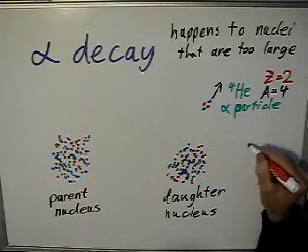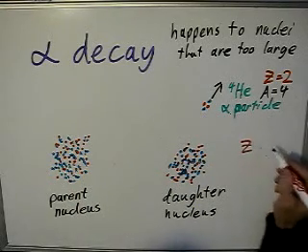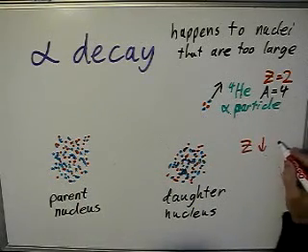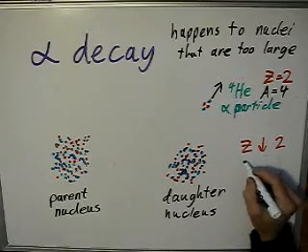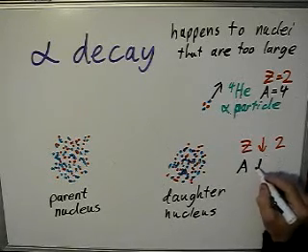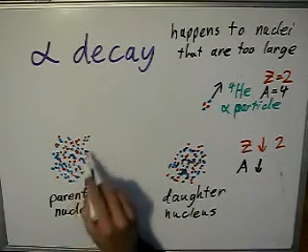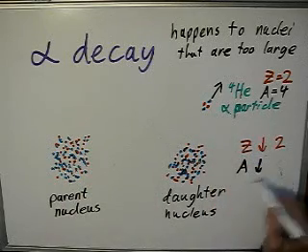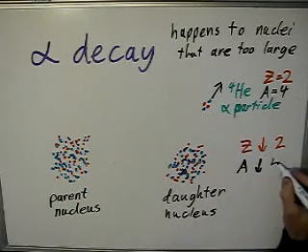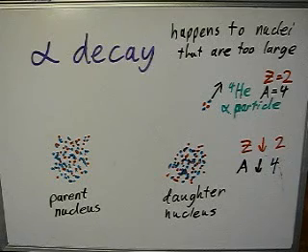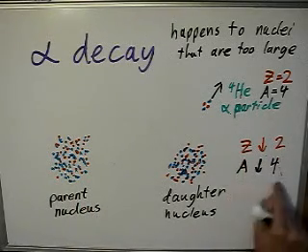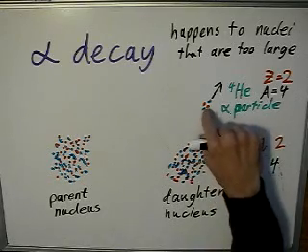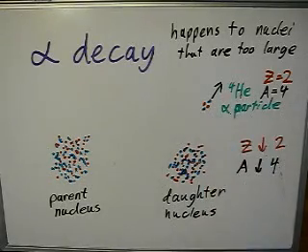Z must have gone down by 2, and A must have been reduced by 4 because there are 4 total particles less in the daughter nucleus. So in alpha decay, Z goes down by 2 and A goes down by 4 because you have taken away 4 particles and 2 of them are protons.